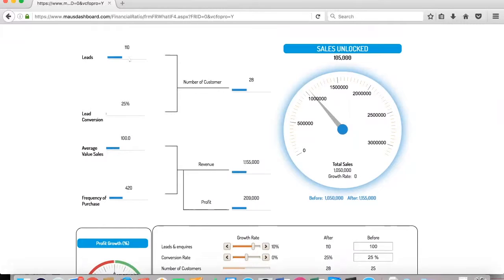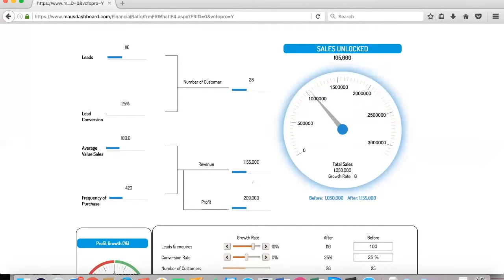This is the prospects that you have in the market, and your ability to convert them into customers. And then you have your average sale. And this is where upsell comes into the picture. The better you are at that, the better the average value sale will be. And then the number of times that each customer buys.